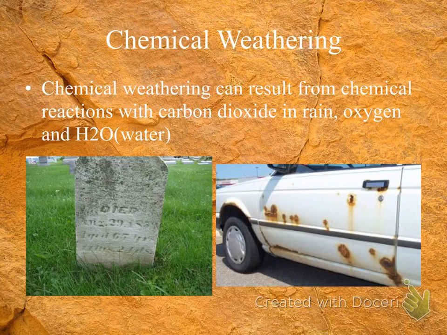If you look at the picture of the gravestone here, this is limestone, and this gravestone reacted with carbon dioxide and rain or acid rain, and it's starting to break that rock down through an actual chemical reaction. On the right here we have a car that is oxidizing, which basically means oxygen is reacting with the metal and forming rust. So this also happens in rocks as well.